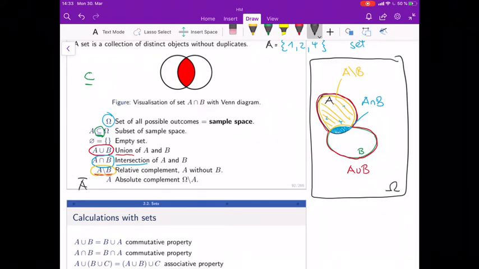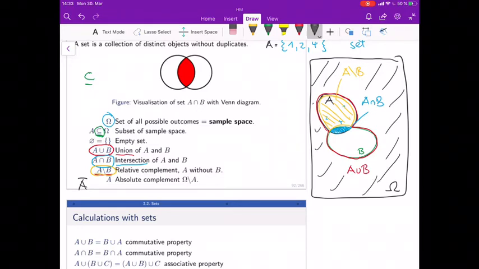So A bar is everything that's not in A. Also in here. More correctly, the frame is omega, everything inside, and what I've just drawn here is like omega without A.